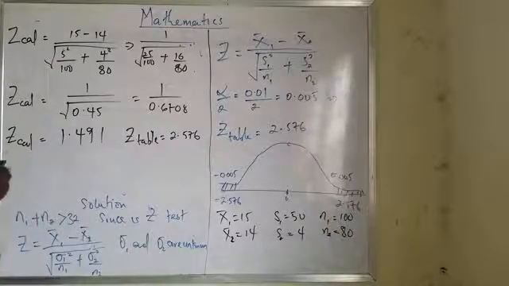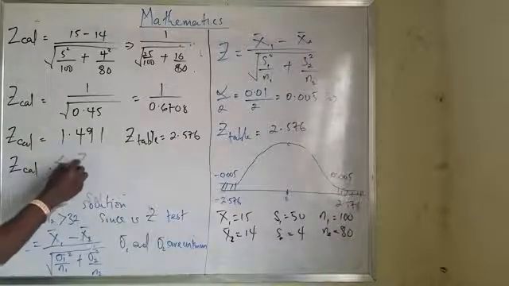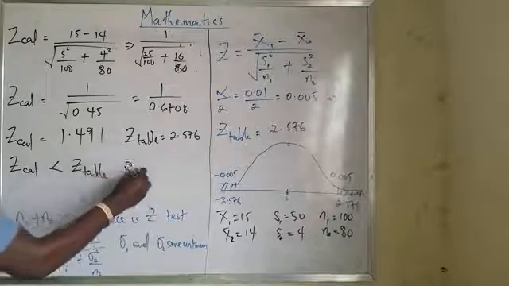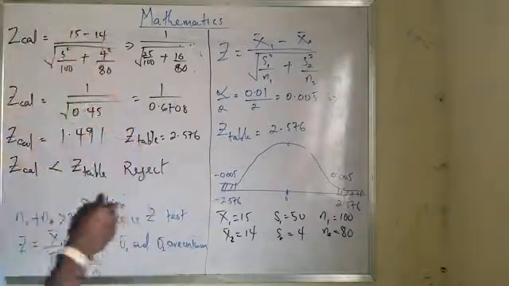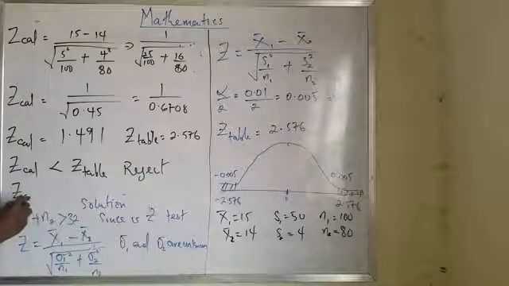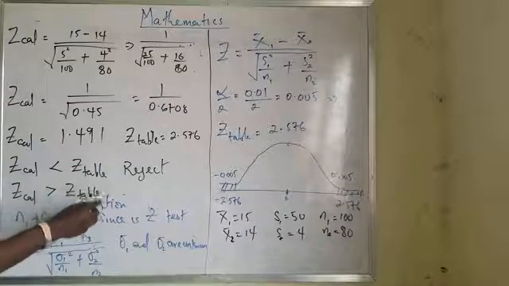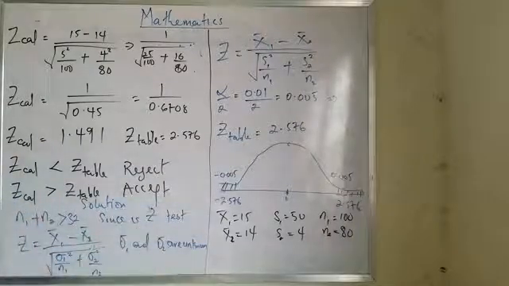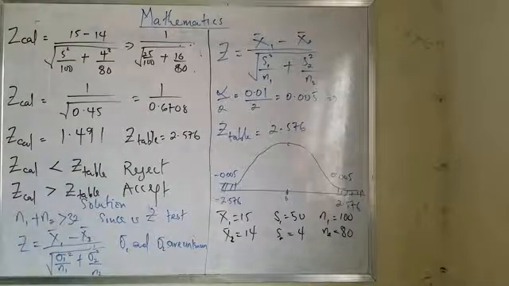When z calculated is less than z table, you reject the null hypothesis. If z calculated is greater than z table, we accept the null hypothesis. Please take note of that. This is where your decision lies.